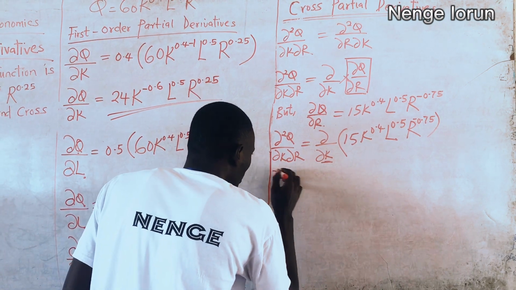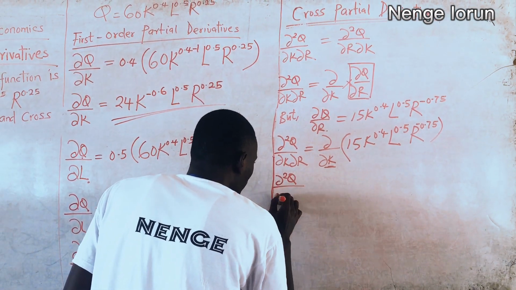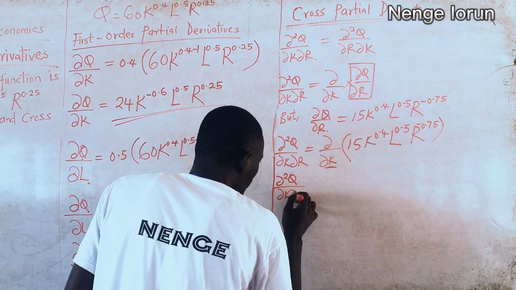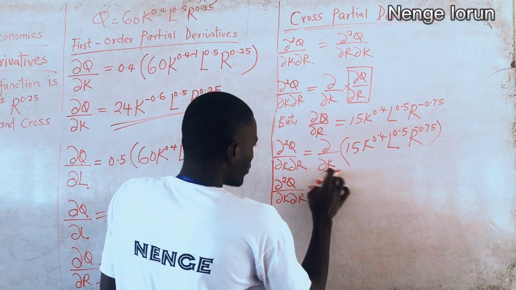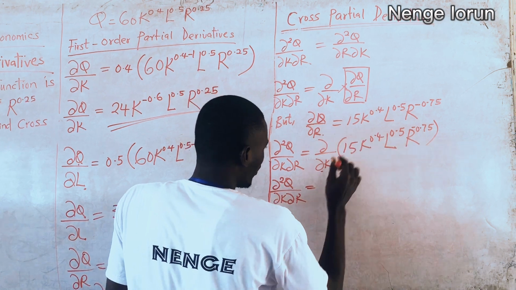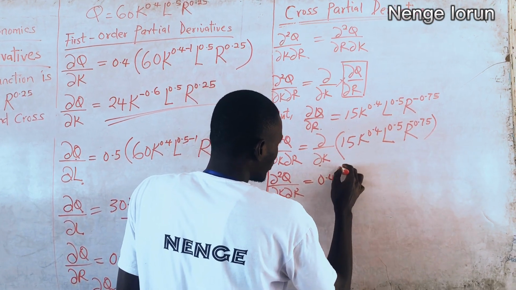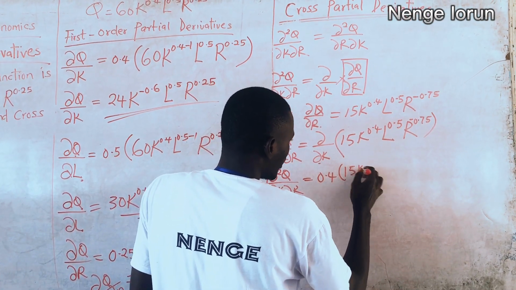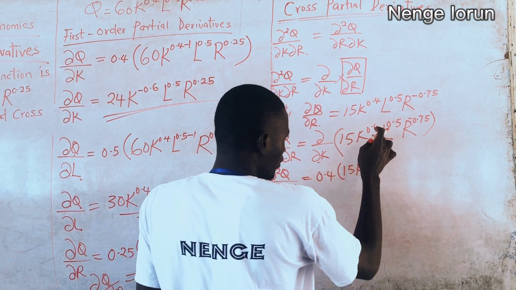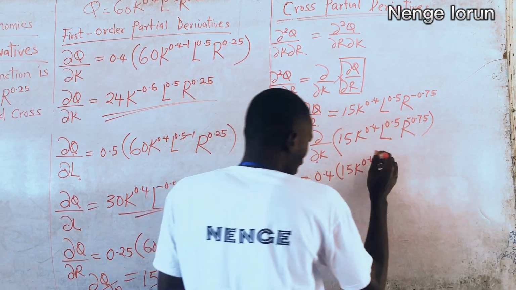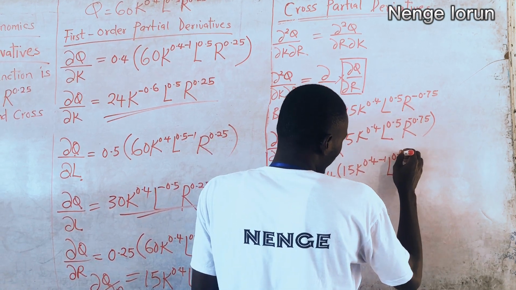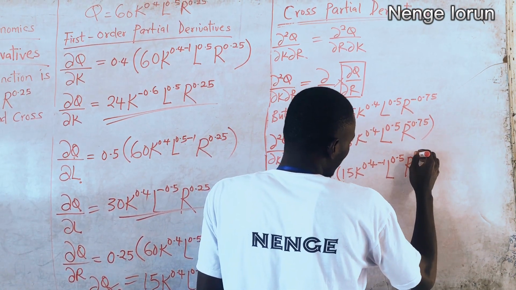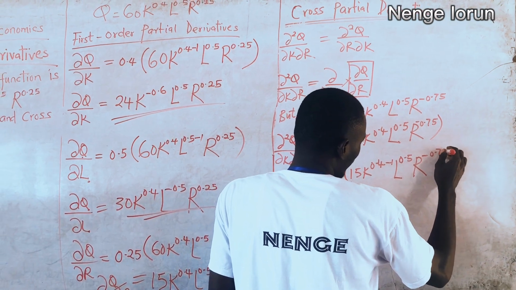So you will have the cross-partial derivative of q with respect to k with respect to r, which is equal to, with respect to k, the power is 0.4. 0.4 times 15, k raised to the power of 0.4. Since we use this power, we will subtract this power by 1. L raised to the power of 0.5, r raised to the power of negative 0.75.